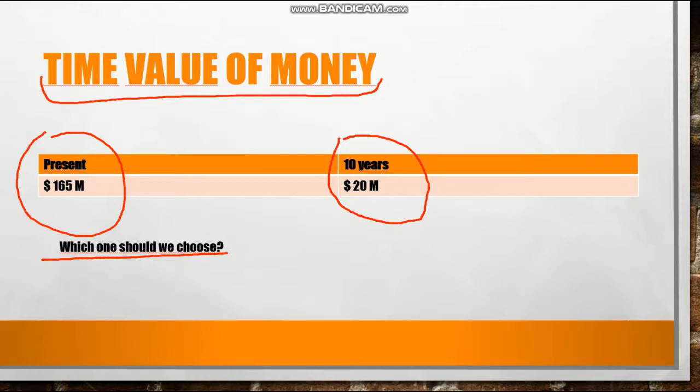It depends on what the interest rate is. It depends on the opportunity. It depends on lots of stuff that we cannot cover right now, or that we couldn't think of. So maybe 165 million is better than 20 million every year, or maybe 20 million every year is better than 165 million.